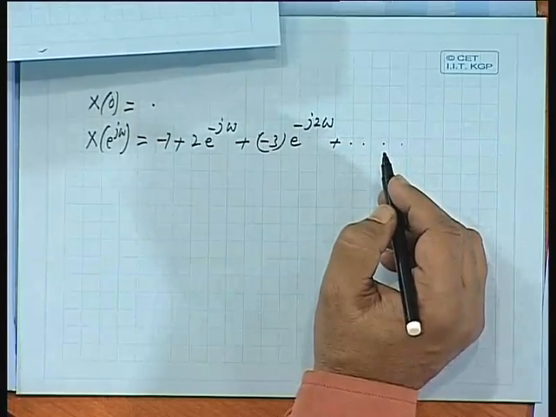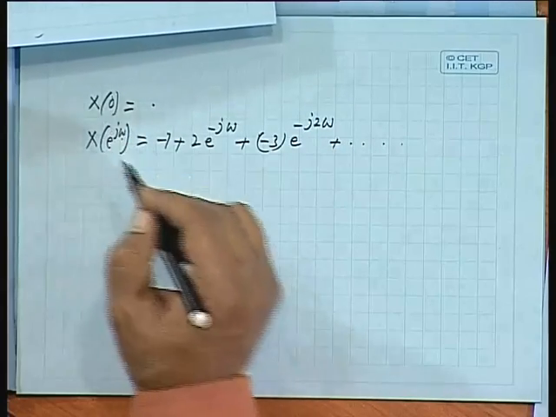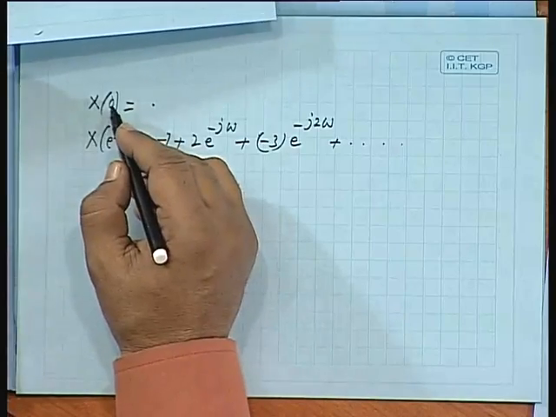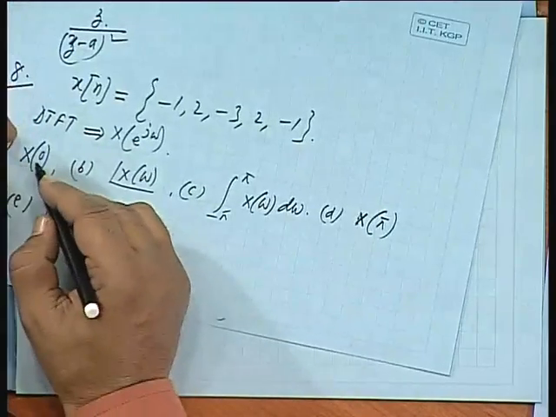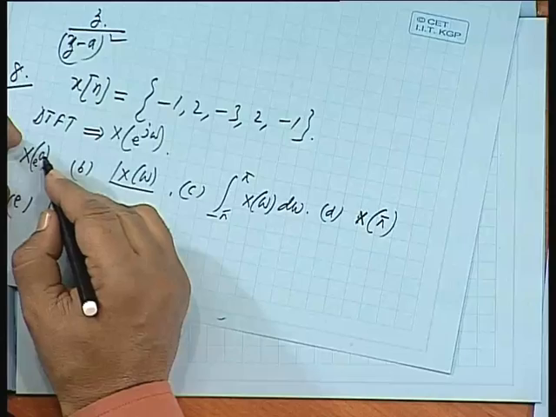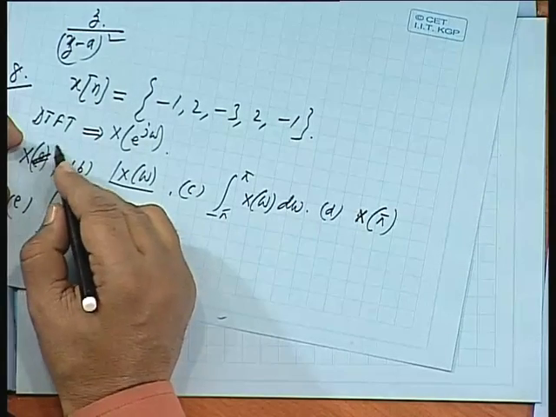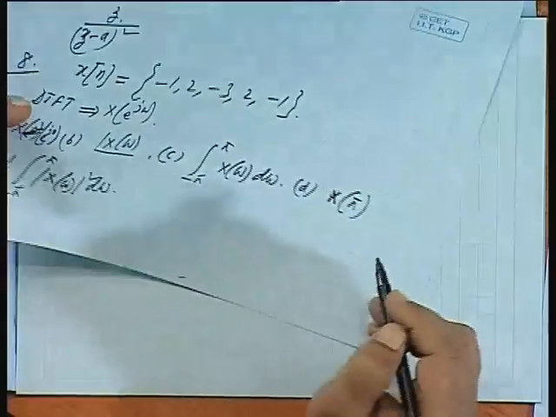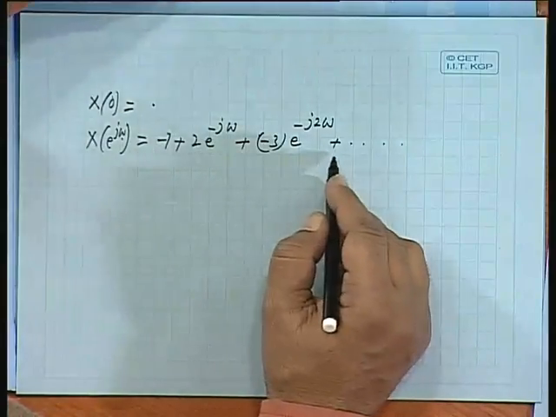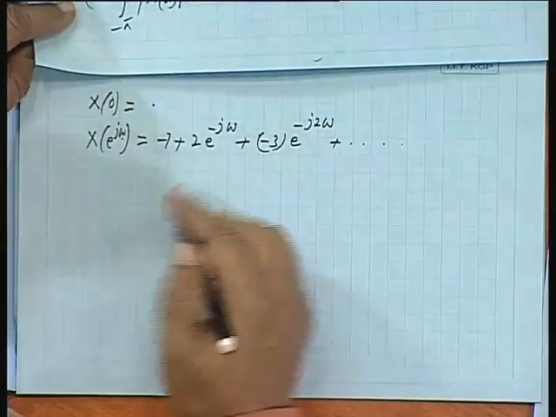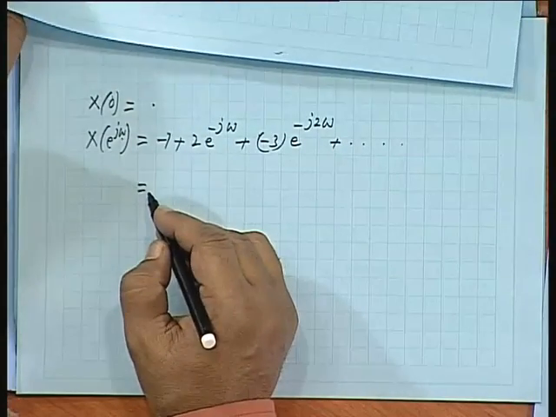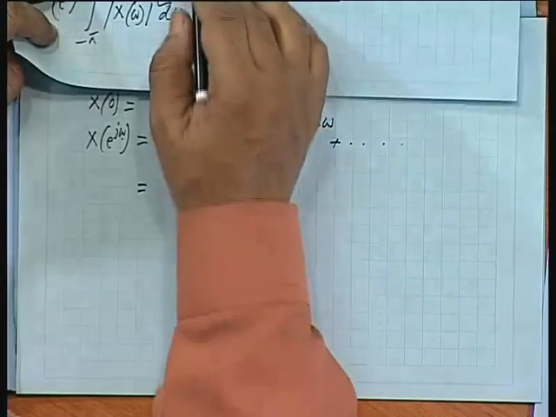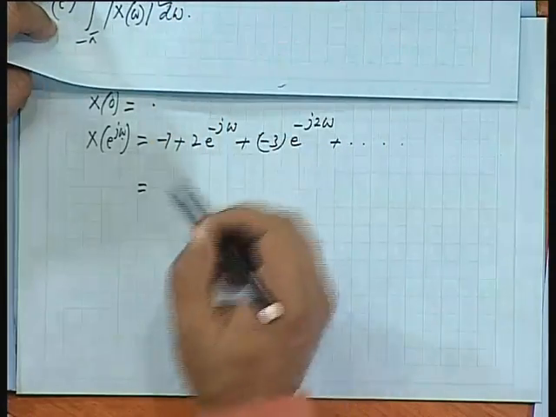And I am putting omega equal to 0, which means e to the power j 0. Omega is 0, so it will be just the sum of these terms. If you add up minus 1, 2, minus 3, 2, minus 1, it will be minus 1.